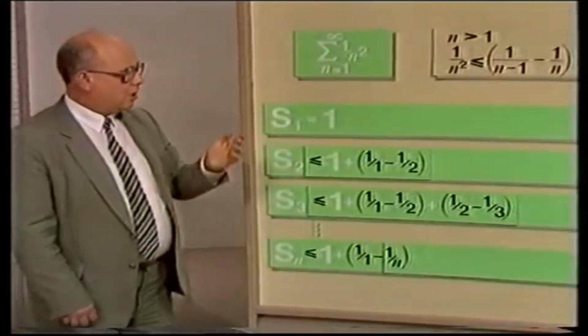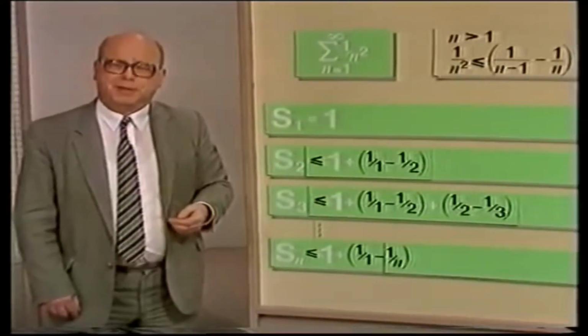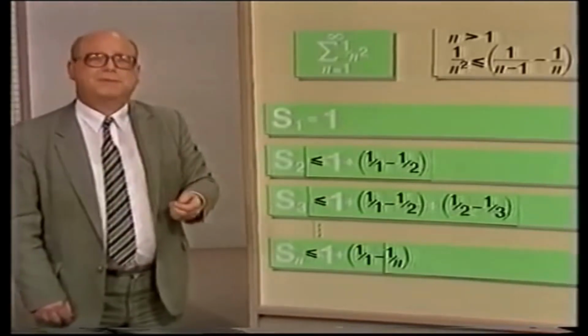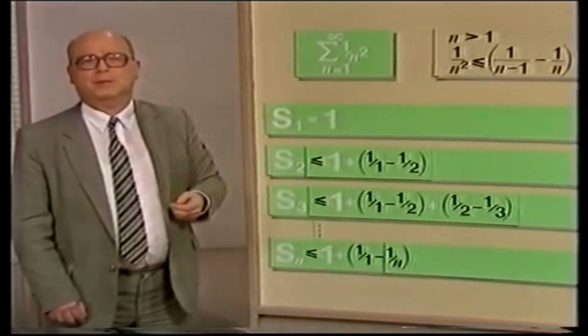So, taking reciprocals of this inequality just as before, you get that 1 over n factorial is less than or equal to 1 over n minus 1 minus 1 over n. So, all of this working for sigma 1 over n squared will still hold for the series sigma 1 over n factorial.